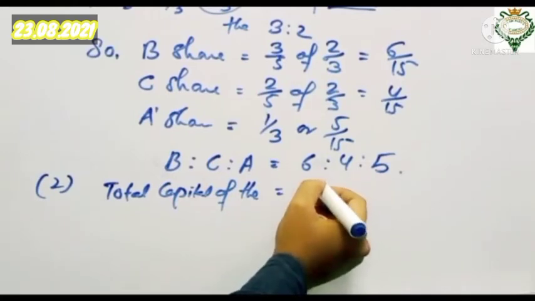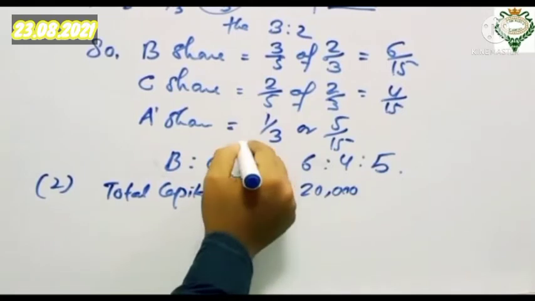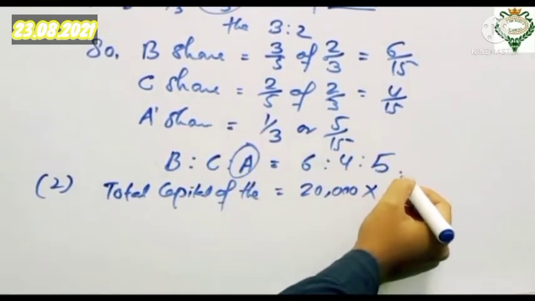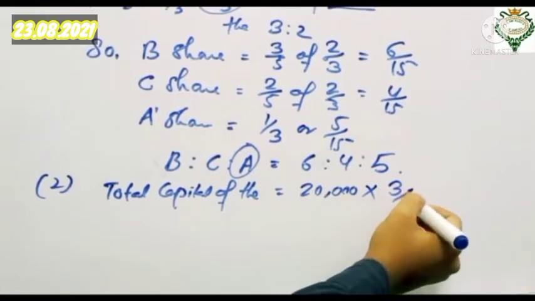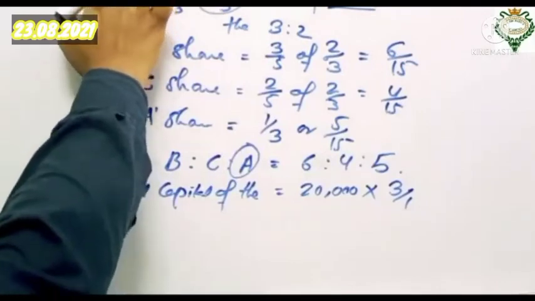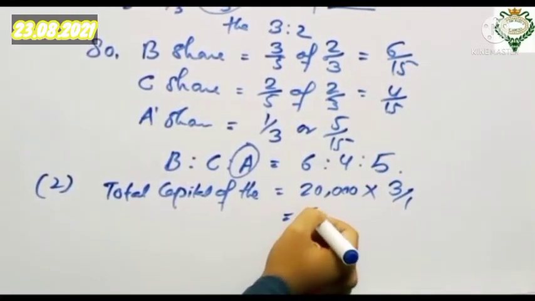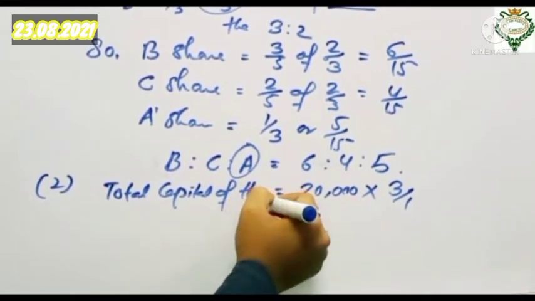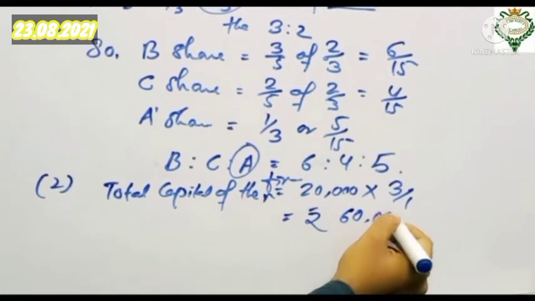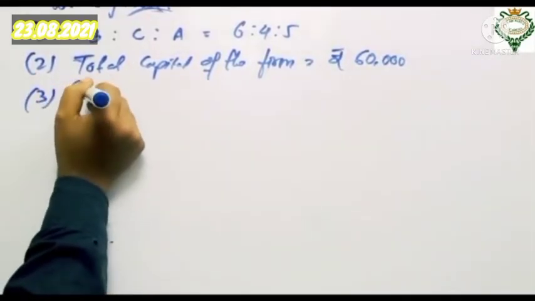Here 20,000 is the capital which A brought when entering the new business. Here 3/1 is the reciprocal of 1/3. So the total capital of the firm is 60,000.